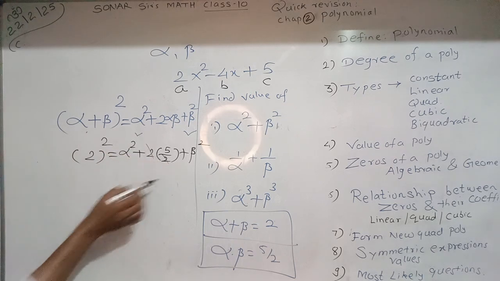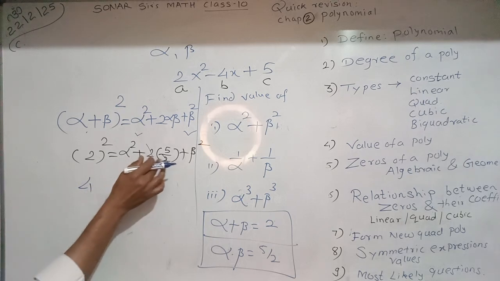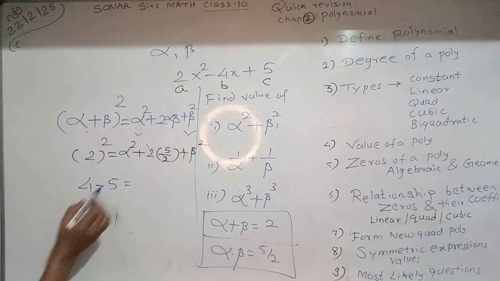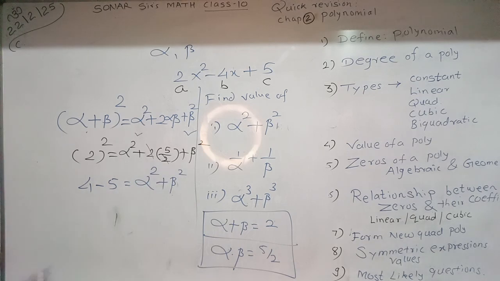Now this 2 will get cancelled. The square of 2 is 4, and this 5 goes to that side with a minus. So we'll get the first value, alpha square plus beta square. So what is alpha square plus beta square? Alpha square plus beta square is minus 1.